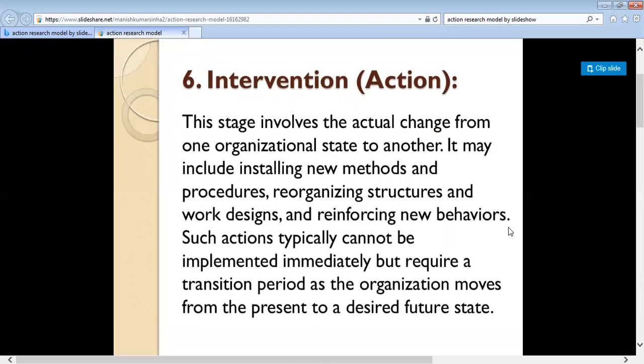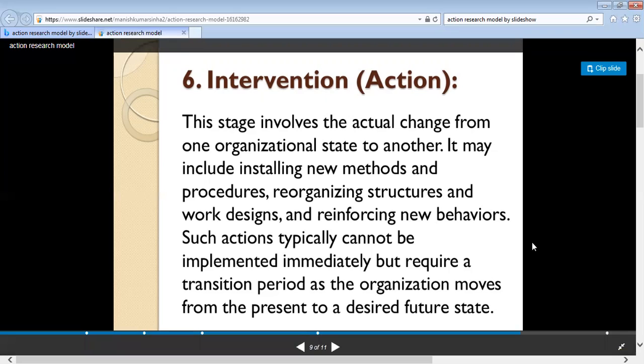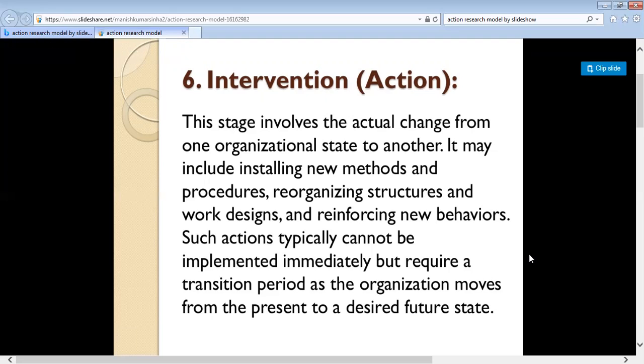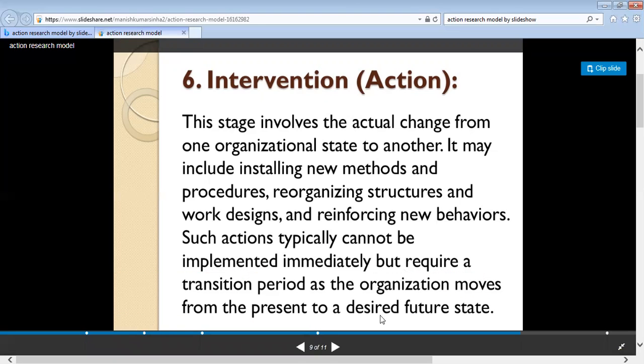Such actions typically cannot be implemented immediately, but require a transition period as the organization moves from the present to a desired future state. That means plans for action are selected and deployed, implementing sets of actions designed to correct the problems or seize the opportunities. This is the sixth step, intervention.